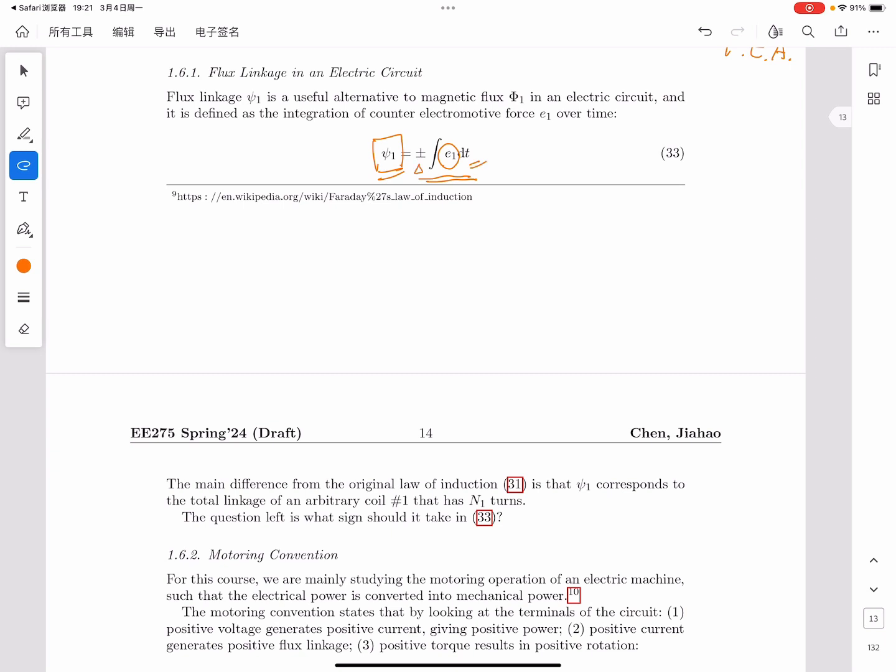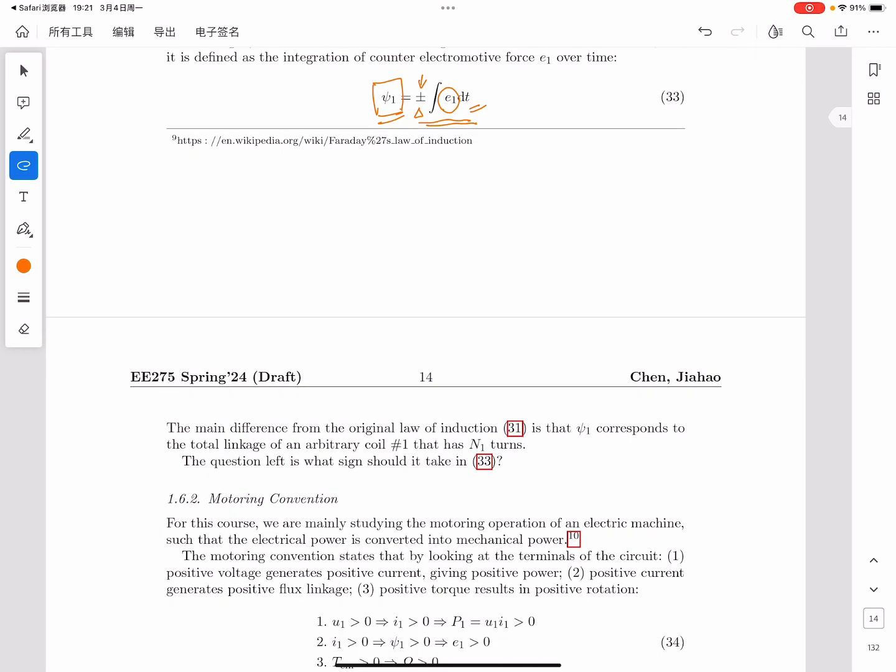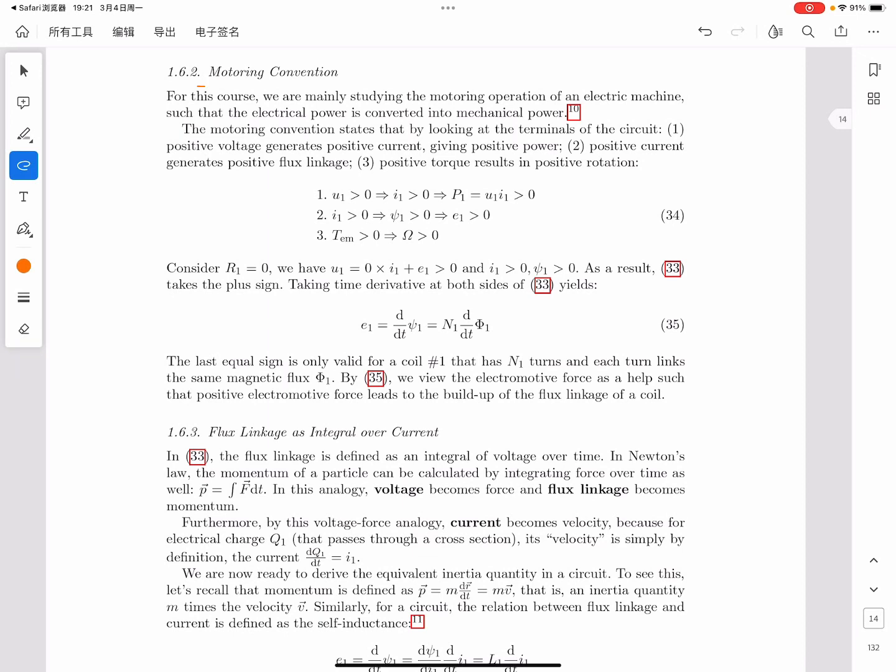And the sign is not yet defined here. In this course, we are using motoring convention, which defines the equation to be like this. Okay, this is really a definition. It's not really related to any physical phenomenon.